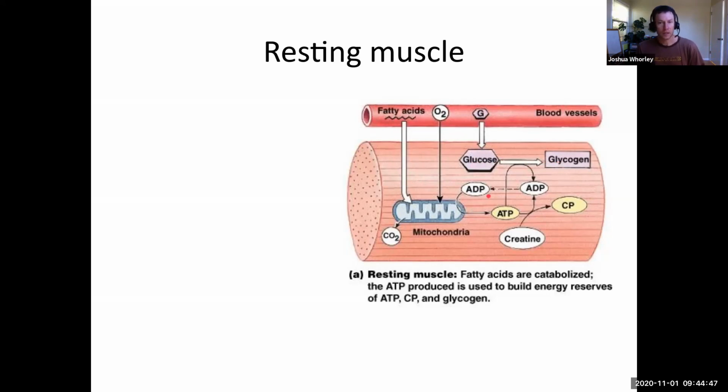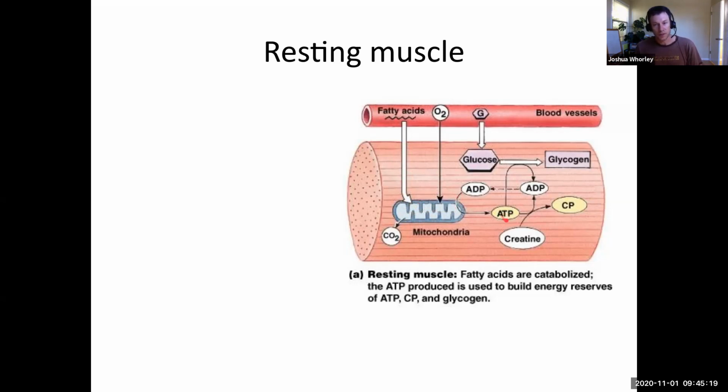So that's happening. We're also using those fatty acids and oxygen to fuel the creation of ATP. Those fatty acids are being imported into the mitochondria. Remember, there's nothing we could do with them in the sarcoplasm. And as long as we have oxygen, that final electron acceptor, we're carrying out the Krebs cycle, or the citric acid cycle, in the mitochondria, and producing lots of ATP, which we're banking.